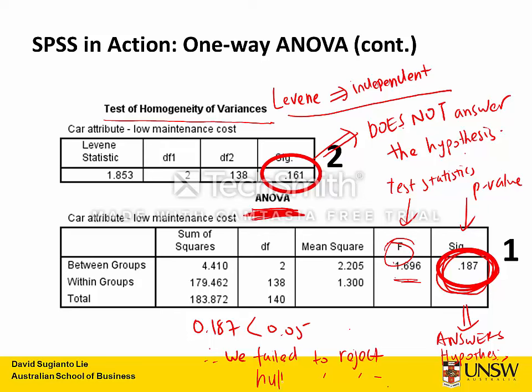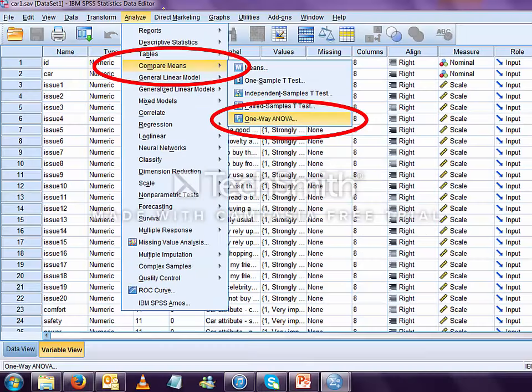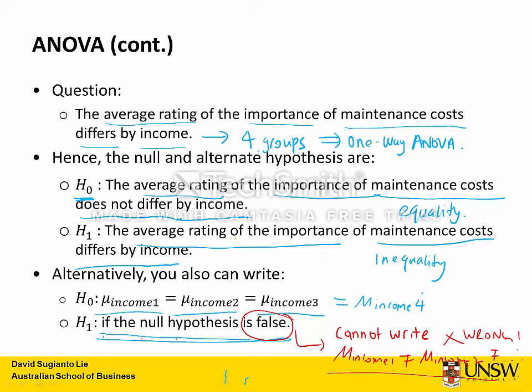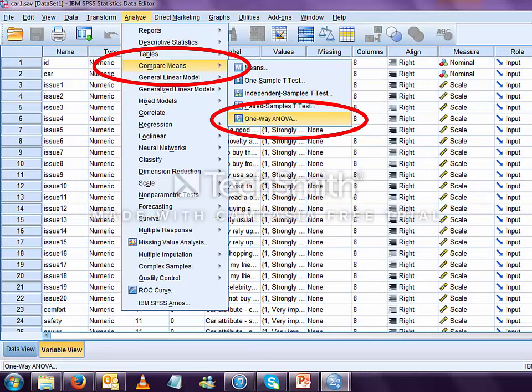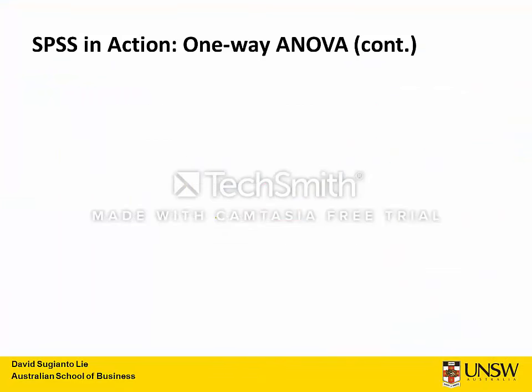So what happens if we fail to reject the null? Coming back to the hypothesis, if we fail to reject the null, then the average rating does not differ by income. So if it does not differ by income, then you should stop.